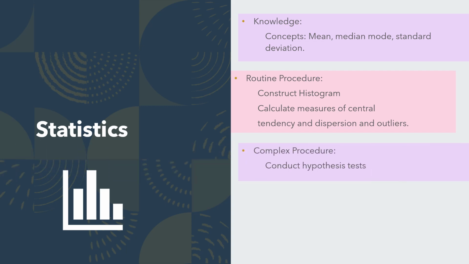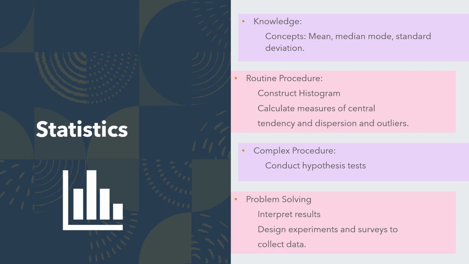Under complex procedure levels, we will dive deeper into statistical theory, where we will use hypothesis testing to conduct hypothesis tests and make inferences about populations and determine whether observed differences are statistically significant. And lastly, the problem-solving level.